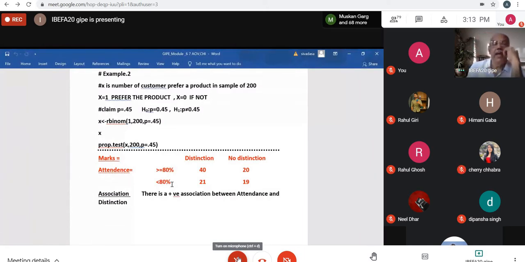Okay. Now, which number is high? 40. From this number 40, I say there is a positive association between attendance and distinction. What does it mean?